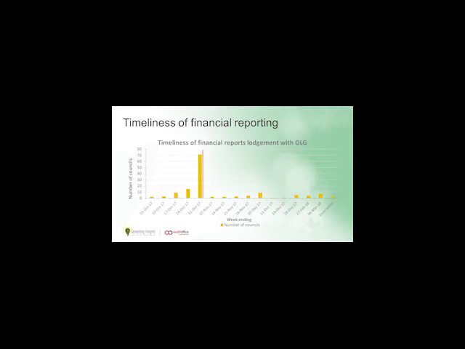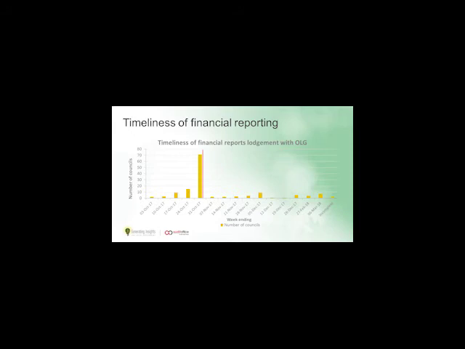In addition, many councils provided multiple versions of their financial statements during the audit. In one case, one council provided us with 15 different versions of the financial statements. So all of this had implications on audit resourcing and flow-on implications on the timely completion of some of the audits.